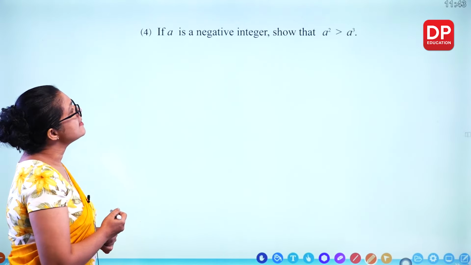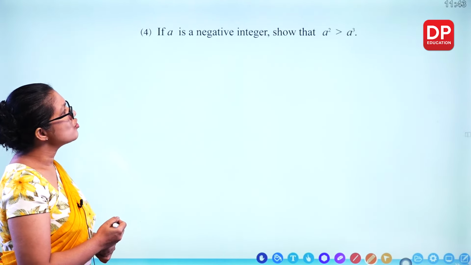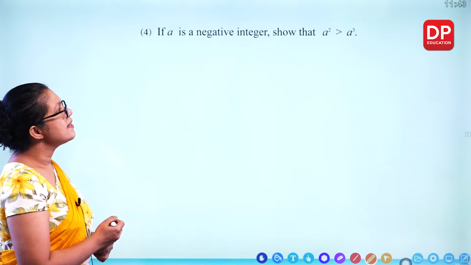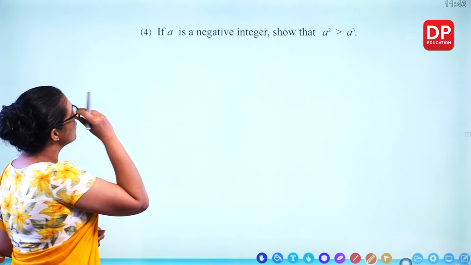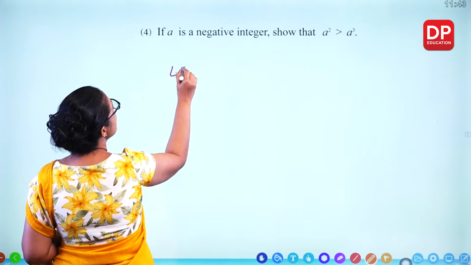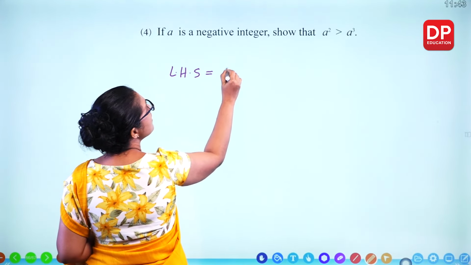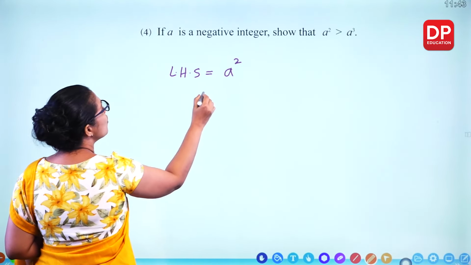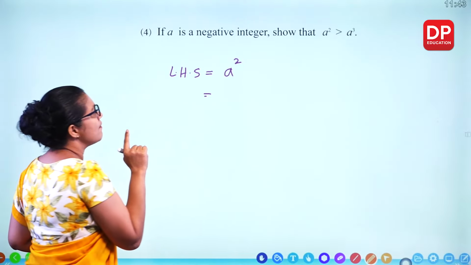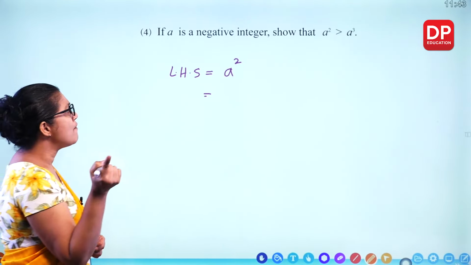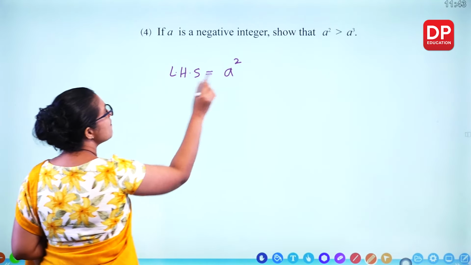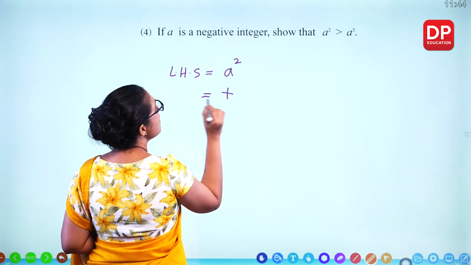If a is a negative integer, show that a squared is greater than a to the power 3. Okay, so here the left hand side is a squared. a is negative and the power is even. An even power of any negative value is a positive value.